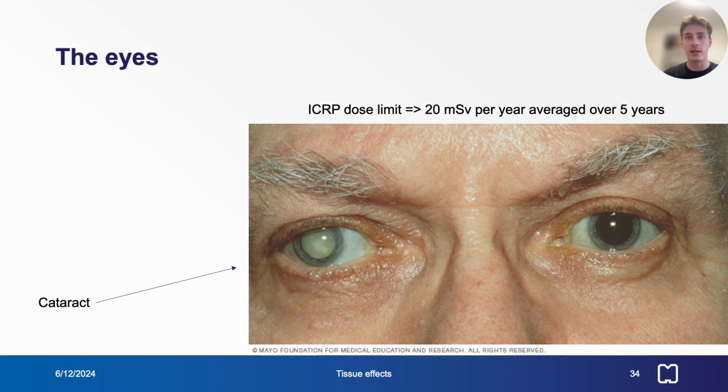The degree of opacity and the probability of its occurrence increases with dose, and the latency period is inversely related to dose. Studies of atomic bomb survivors, workers in the Chernobyl accident site, and radiation technologists in the USA indicate that the dose limit to the eye is about 20 millisieverts per year.